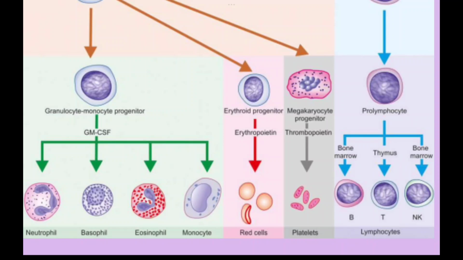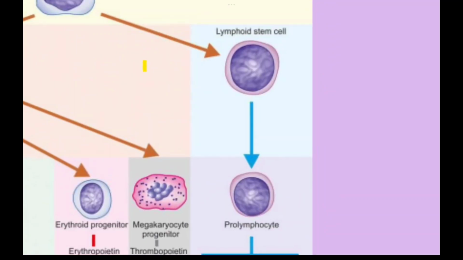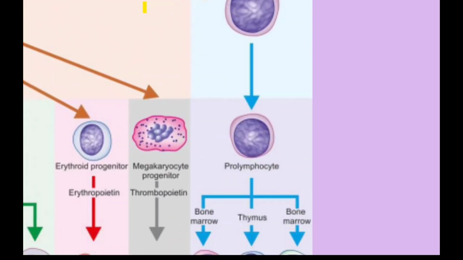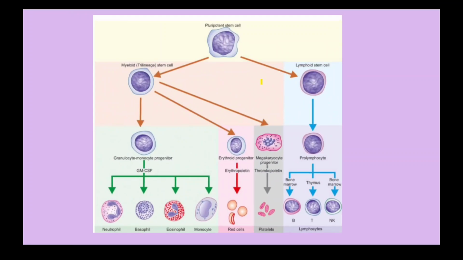So these are the myeloid stem cell derivatives, and lymphoid stem cells produce pro-lymphocytes, which further give three different types of cells: B lymphocytes, T lymphocytes, and natural killer lymphocytes, which are all produced in various regions. B lymphocytes and natural killer or NK lymphocytes are produced in the bone marrow, whereas T lymphocytes are produced in the thymus.